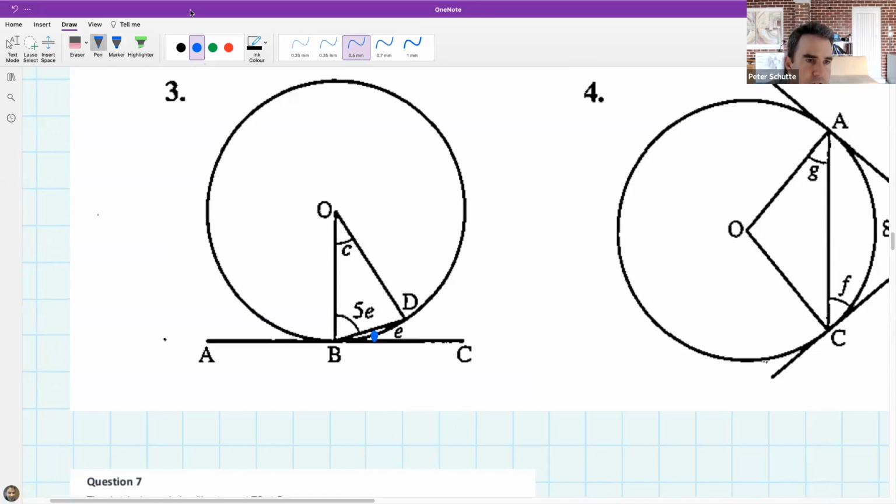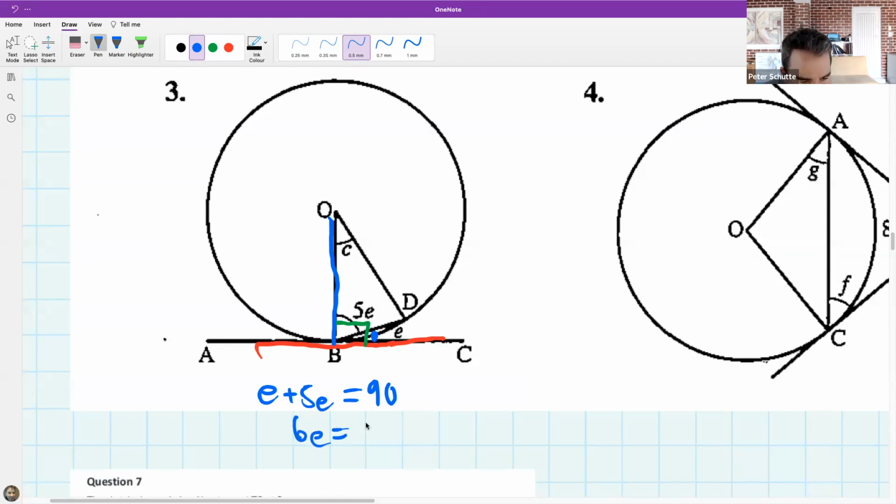I think a lot of students are noticing that this is the tangent and this is the radius. And so this whole angle over here has to be 90. And so we go E plus 5E is equal to 90.